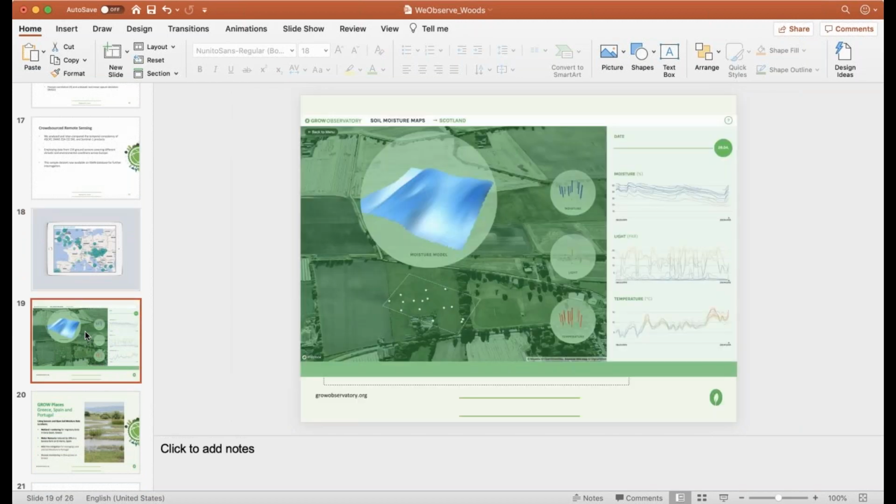As a result, across the whole project, we produced some visualizations that allowed our citizens to interrogate their sites. Here you can see one of the soil moisture maps from one of the Scottish sites, showing the overarching view that could be scaled and moved in and investigated per sensor, for moisture, light and temperature, which were dynamic maps that could be scrolled over.